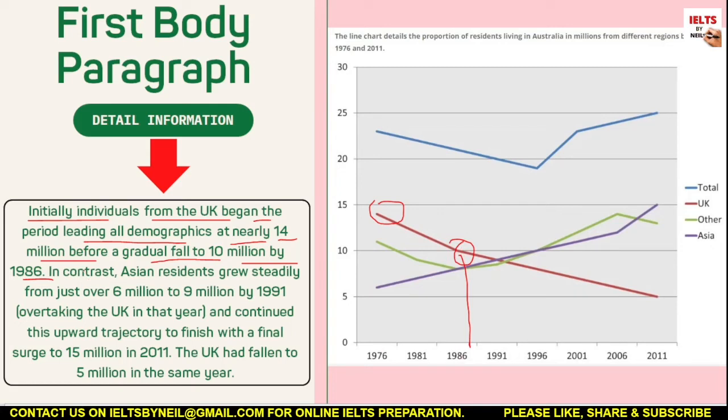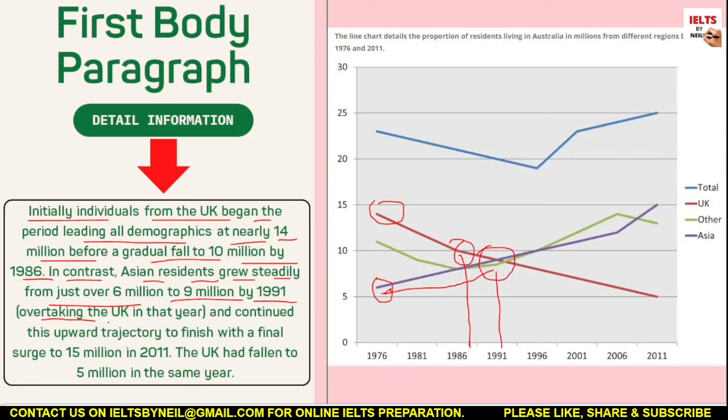After that, I've started talking about Asia. In contrast, Asian residents grew steadily from just over 6 to 9 million by 1991. Now, this is Asia, grew steadily, around 6, which is true, to 9, which is this one, okay, by 1991. That is true.